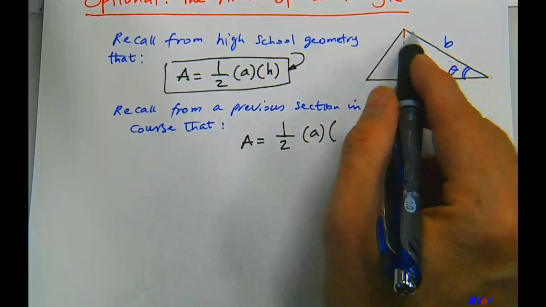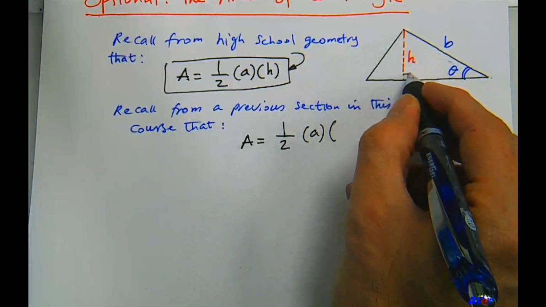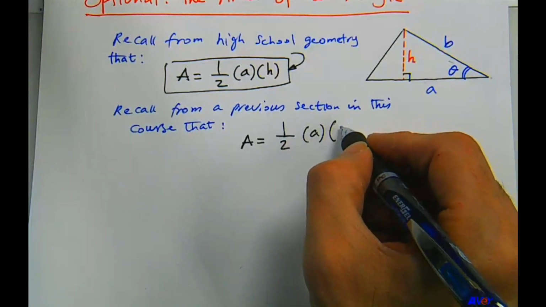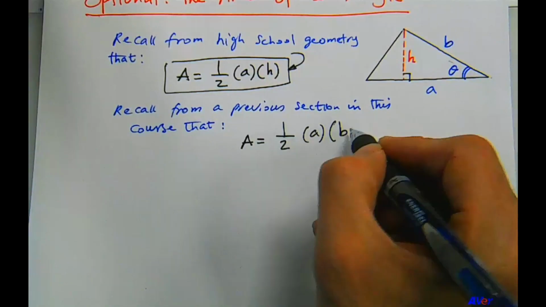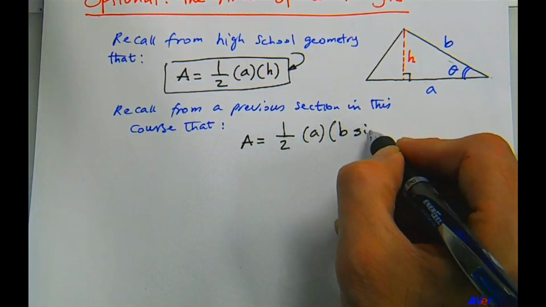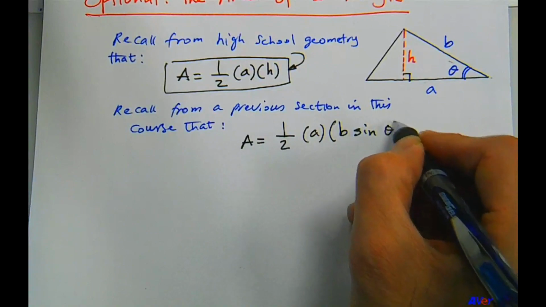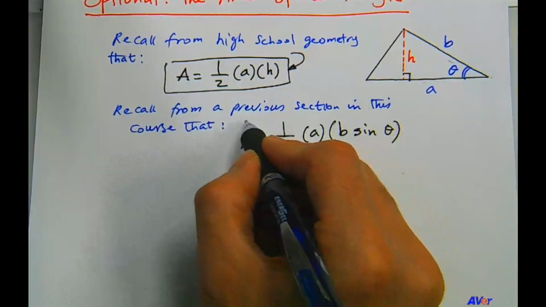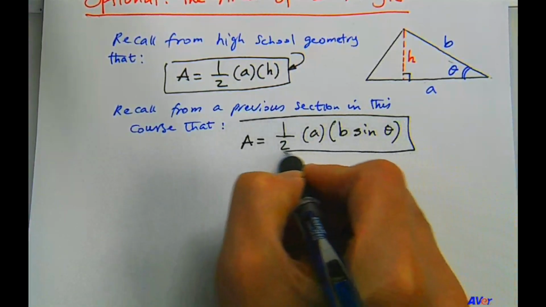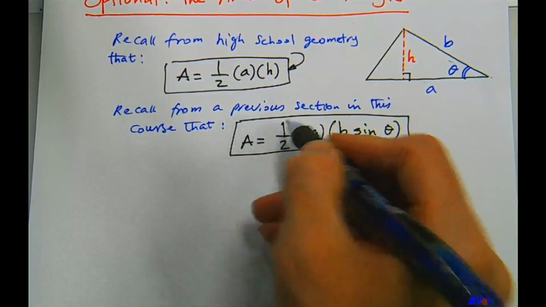So that being the hypotenuse of this right triangle here, b sine of theta, that angle. So that's another thing we learned earlier in this course.